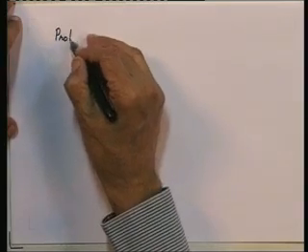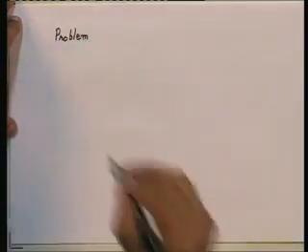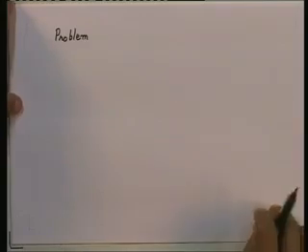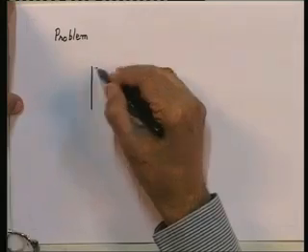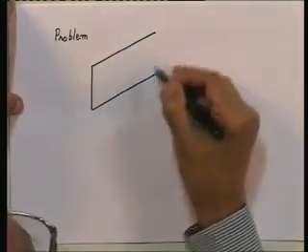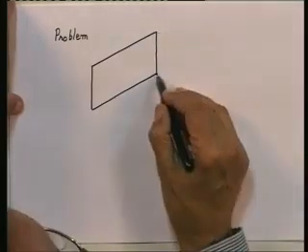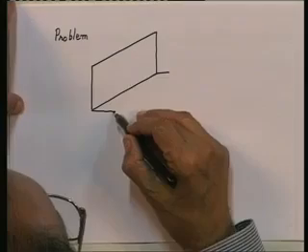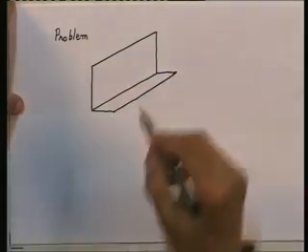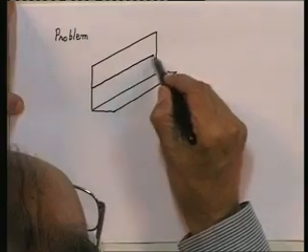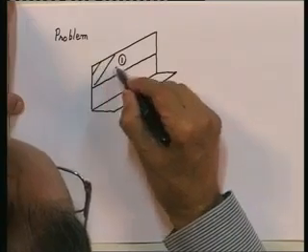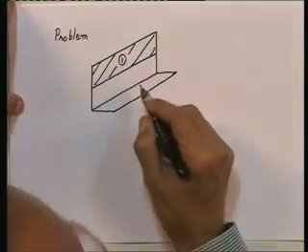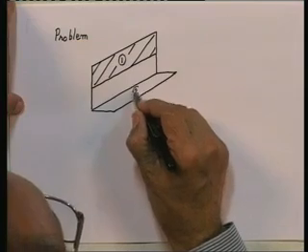We are going to do the following. I will just state the problem today. The problem is the following. We have two rectangles like these. This is one rectangle, surface 1, and this is the second rectangle, surface 2.